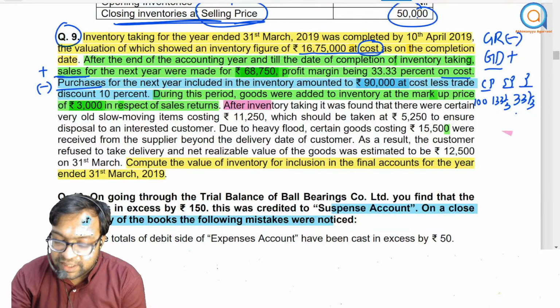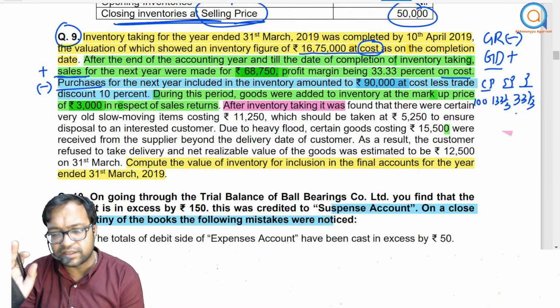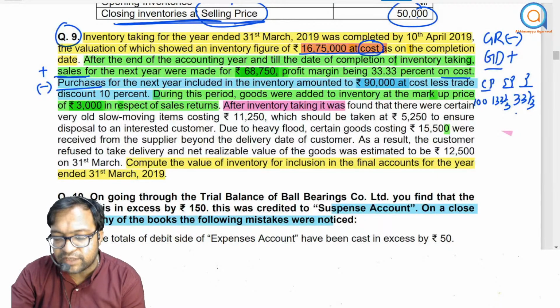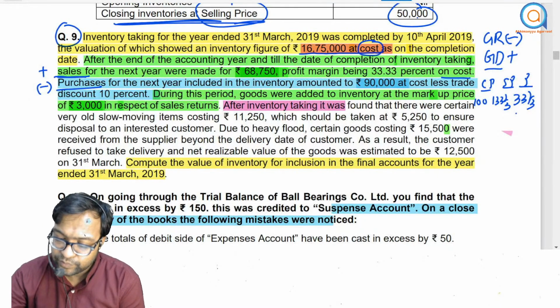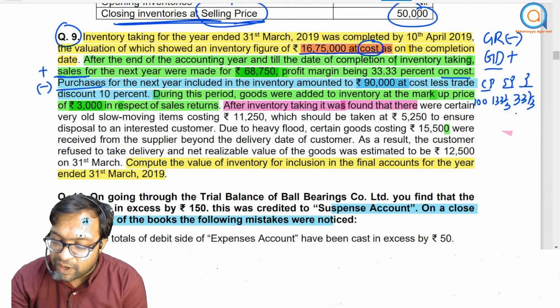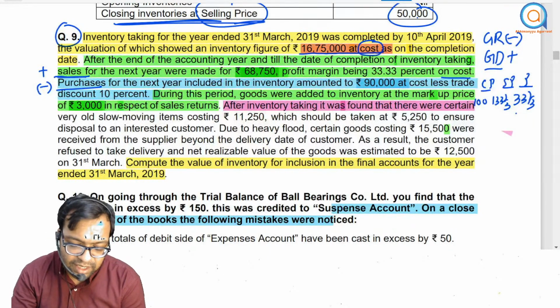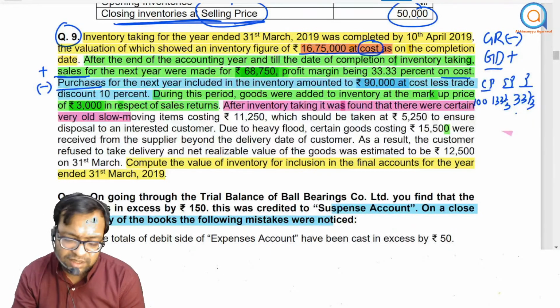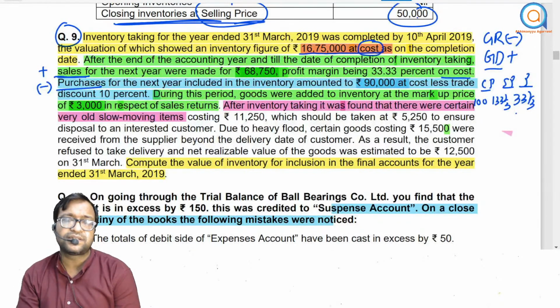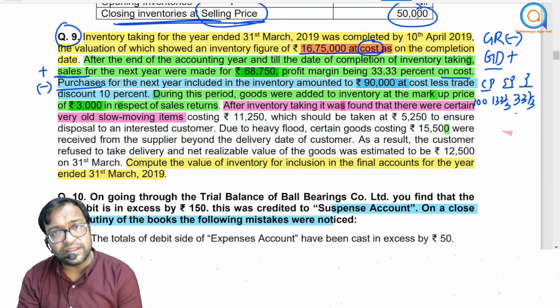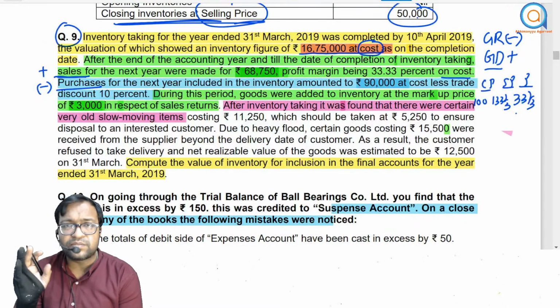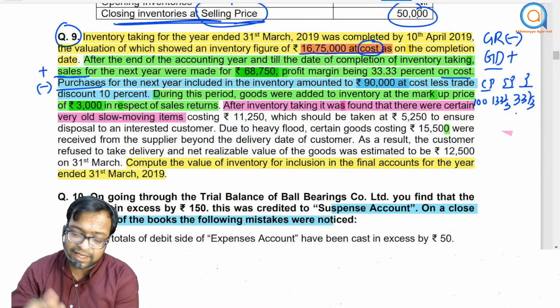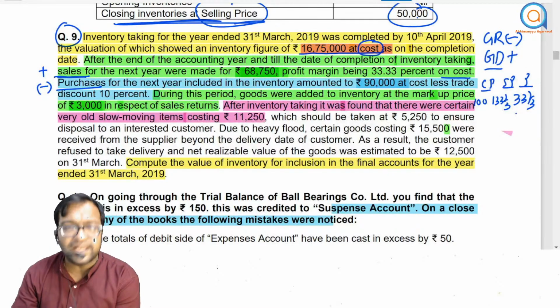After inventory taking, stock taking done, they have already found this value 16,75,000. It was found that there were certain very old slow moving items in their godown which they could not sell. It is still there in the godown, costing 11,250.